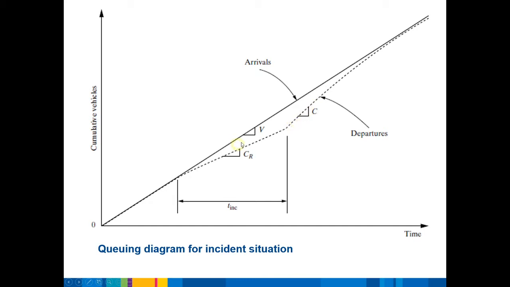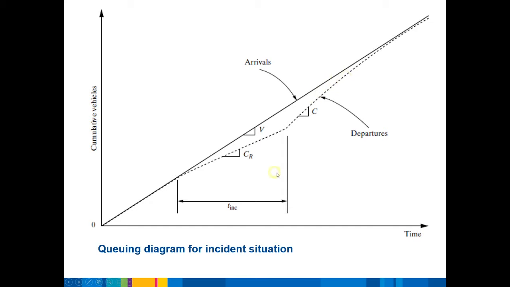So again, we have an area under the graph here, an area between the line of V and the line of CR and C that tells us how many vehicles total were in the queue. We can see how many vehicles are in the queue instantaneously by looking at the height of these lines.